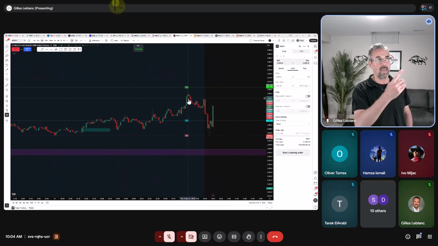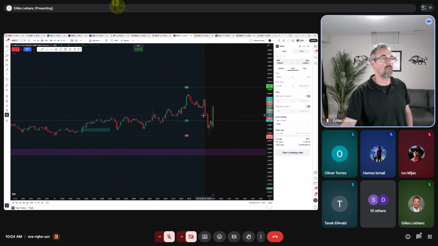Actually, I was looking at MNQ, but the Qs did the same thing on January 2nd. But this is not ideal for me, and I don't like taking trades between 8:30 and 10. This area right here is too choppy for me.